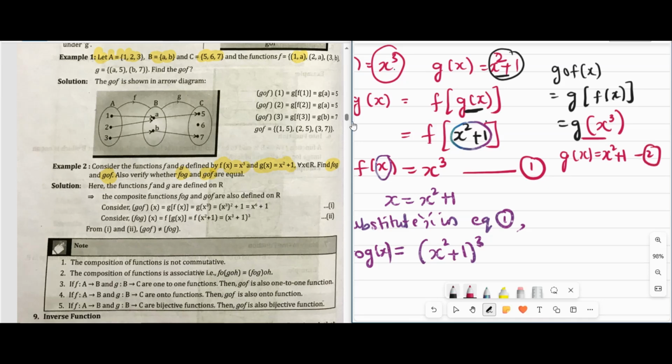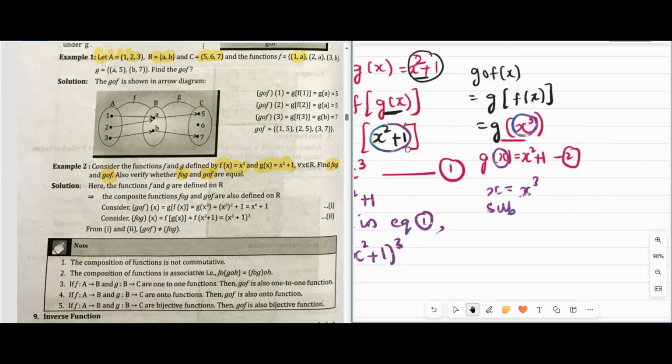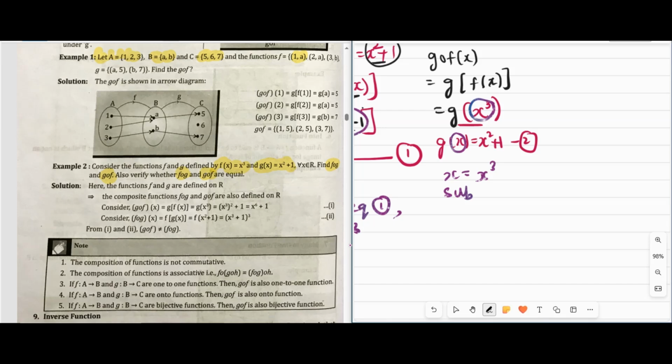Now compare both. G of x, here we have x and here we have x cube. So here x is changing to x cube. Now you'll substitute x value in equation 2.